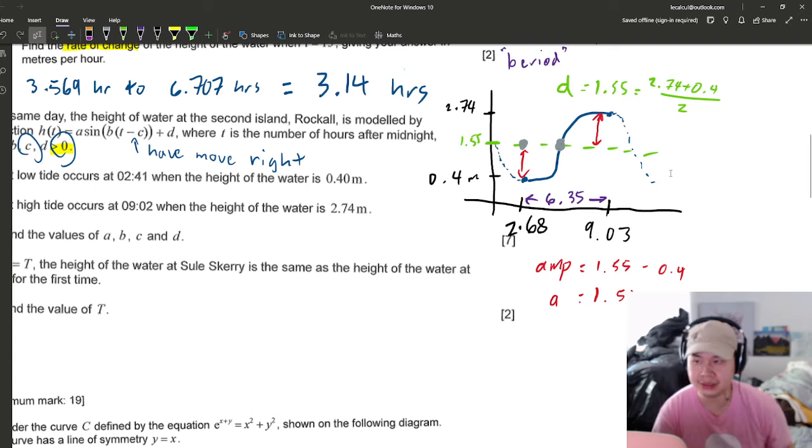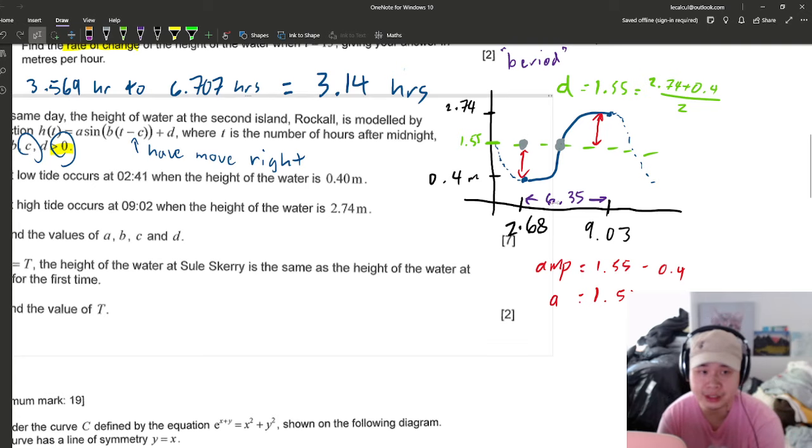So what you can do is you can divide your period by 4, or you can take half of your period and divide it by 2. So I know that this distance, or this time length, is 3.175.